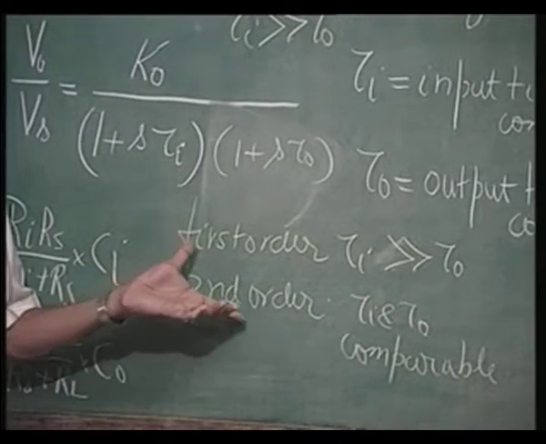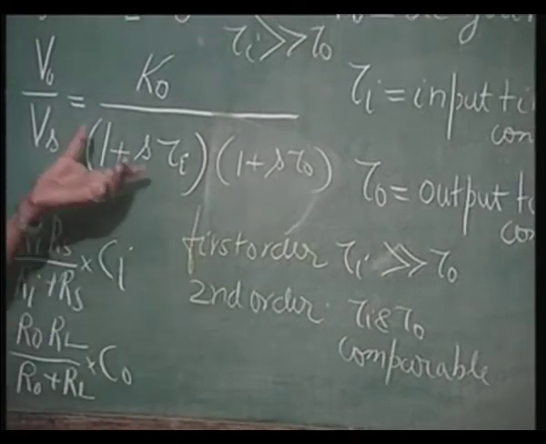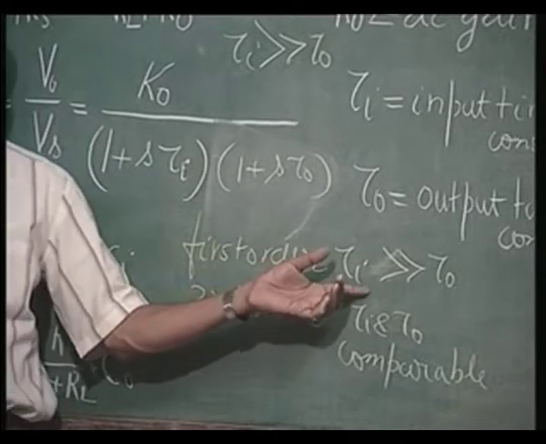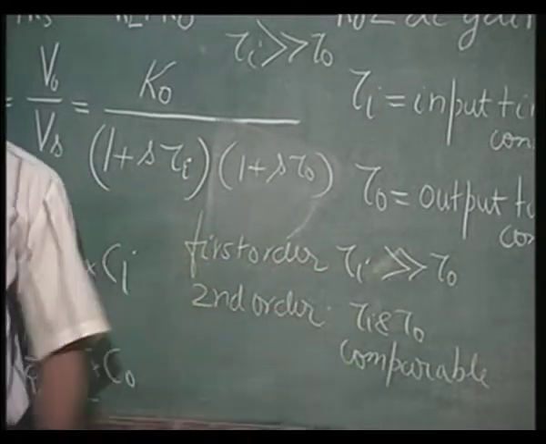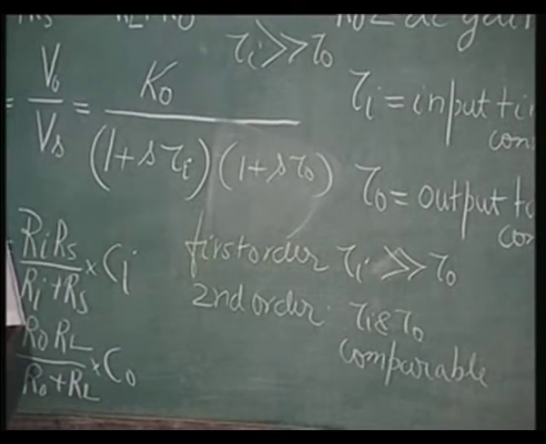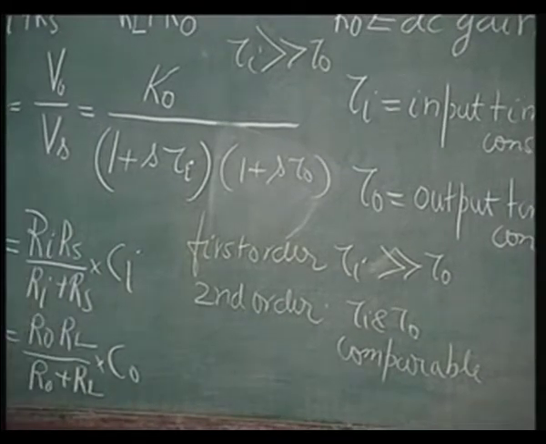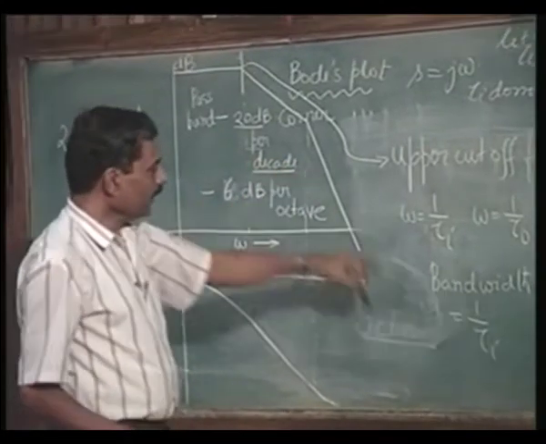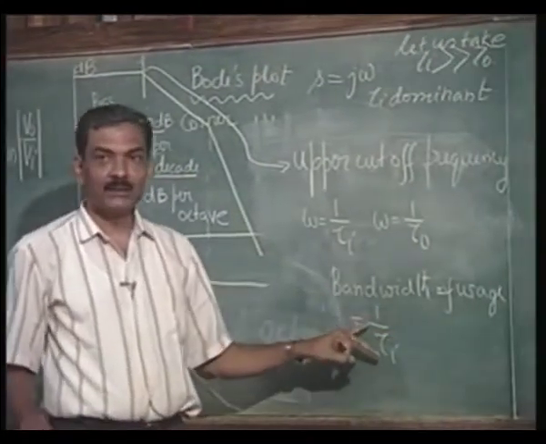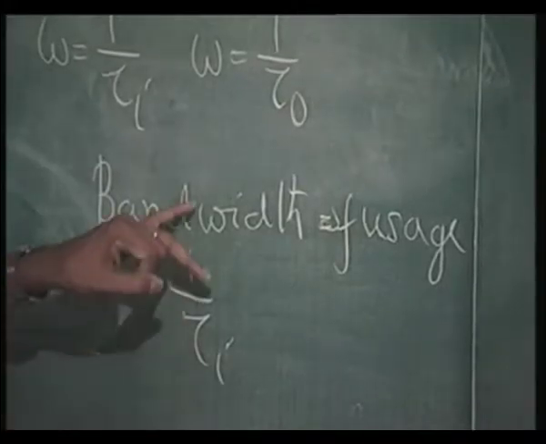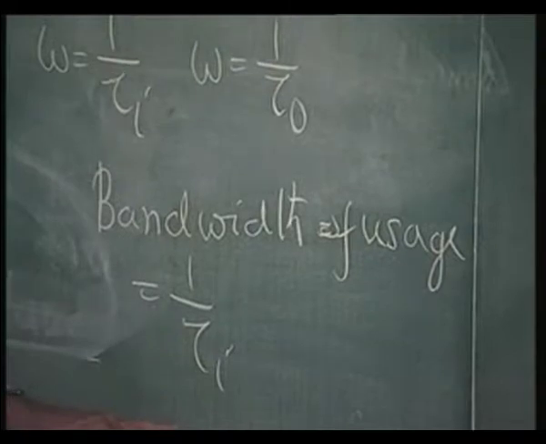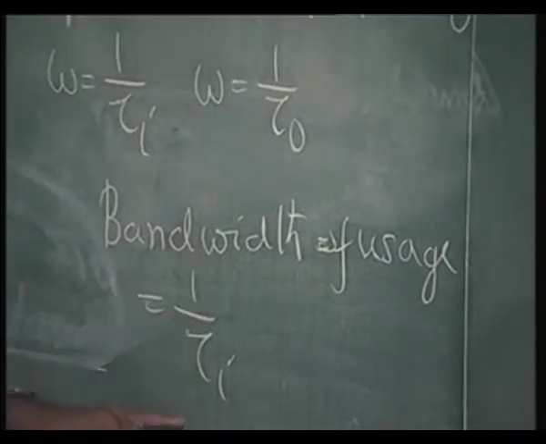Is this clear definition? This is a first order system if tau I is much greater than tau naught. This is second order system if tau I and tau naught are comparable to one another. If tau I is much greater than tau naught, then the bandwidth of this system is 1 over tau I. It is called the corner frequency of the system, first corner frequency of the system.